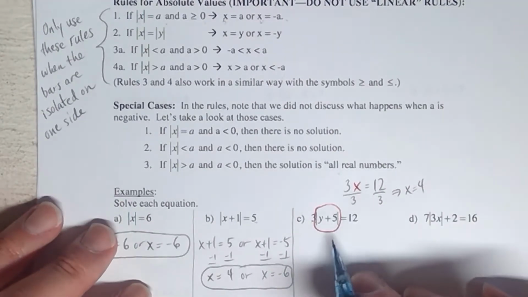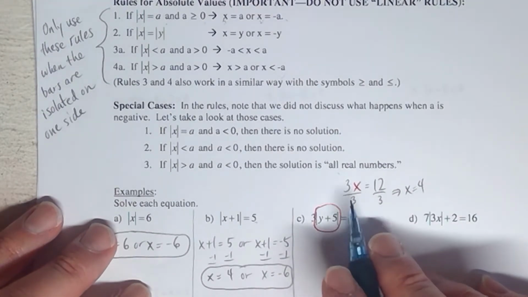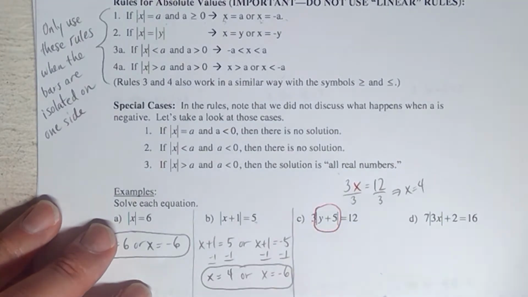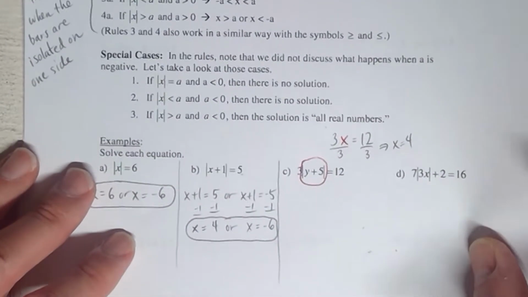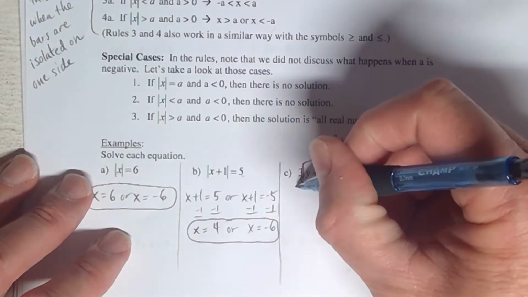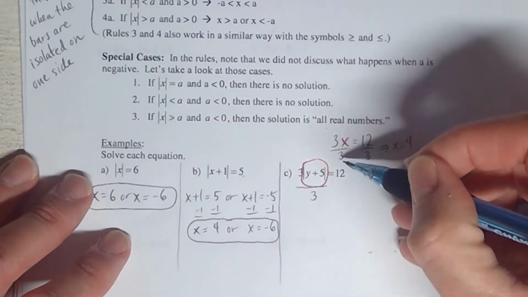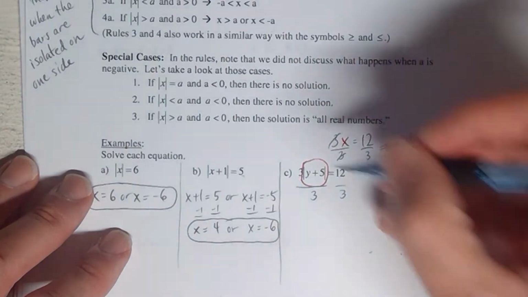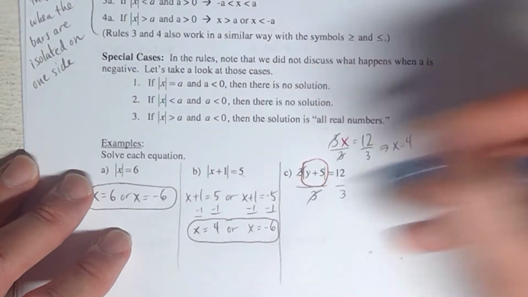My point is this, okay? If you pretend like the bars are a variable and you get the variable by itself, the way in which you get the bars by themselves, which is the first thing you always got to do in an absolute value problem, the steps are going to be the same, all right? So just like I divided by 3 up here, and just like the 3's will cancel right here, the 3's are going to cancel right here as well.